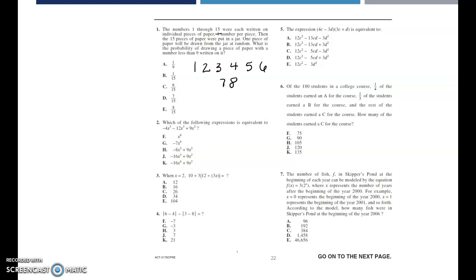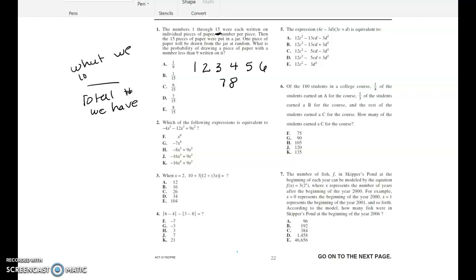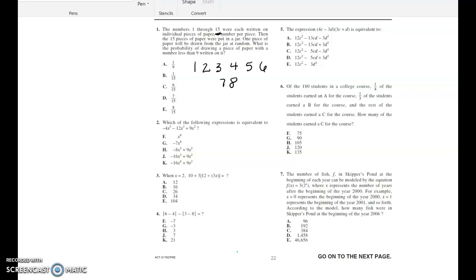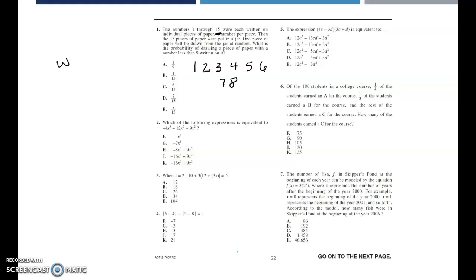So out of the total number we have, I should just say what we want versus total. There we go. I like that better. So we want over total. Okay, so we want 8 out of 15.